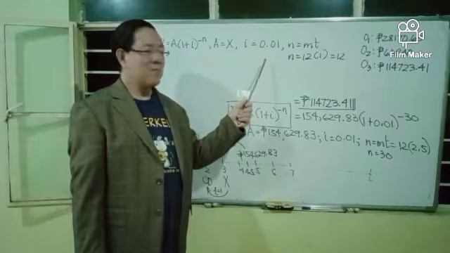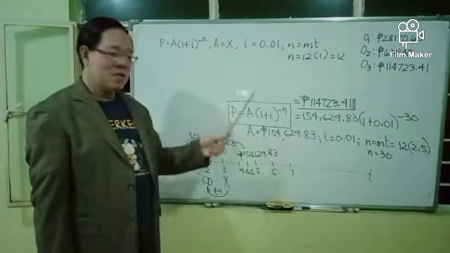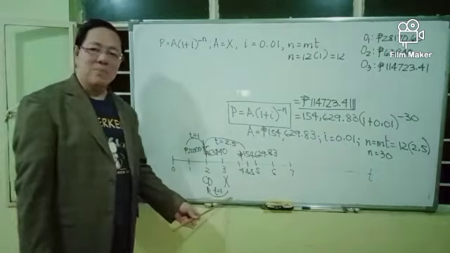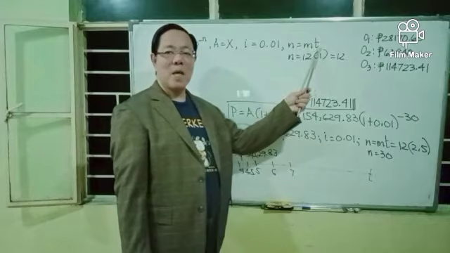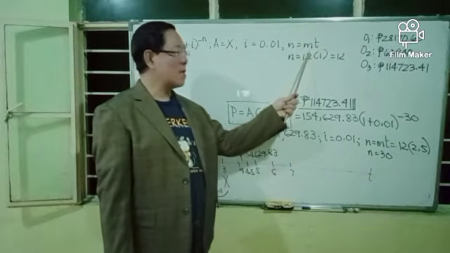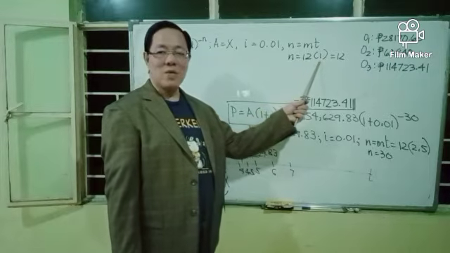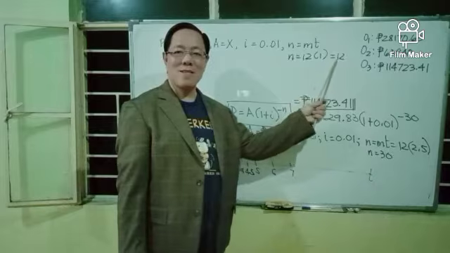So 0.12 divided by 12 is 0.01, but N will change because we discount the single payment X for only 1 year. And N is equal to M multiplied by T. The number of interest rate computations for 1 year is 12. And we discount X for 1 year, so N is equal to 12 multiplied by 1, which is 12.